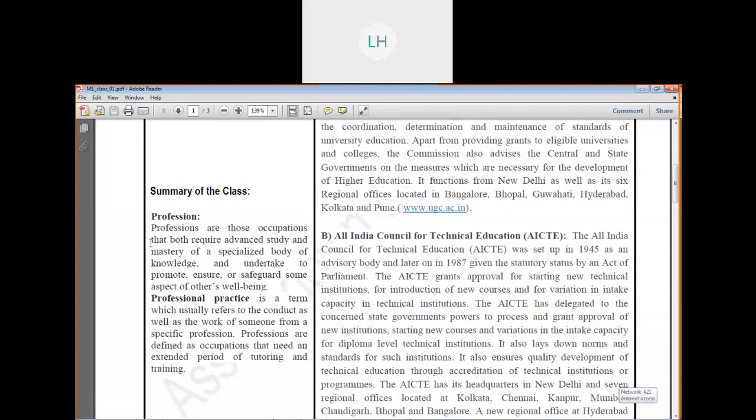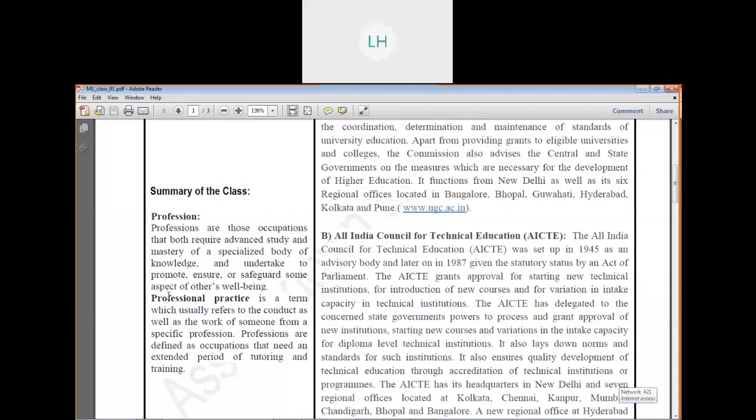So the basic standard definition of profession and professional practice you can see here. Let me read it out for you. What is a profession? The professions are those occupations that both require advanced study and mastery of a specialized body of knowledge, and undertake to promote, ensure, and safeguard some aspect of others' well-being.